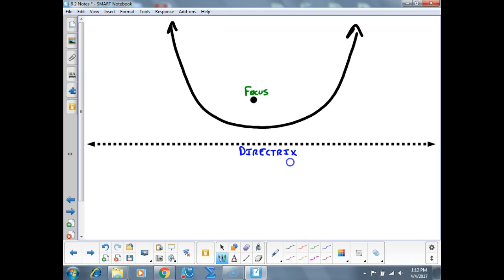Because the focus needs to be inside the parabola and the directrix needs to be outside. So I can take any point on that parabola and the distance from there to there is equal to the distance from there to there. That's what the definition is saying.